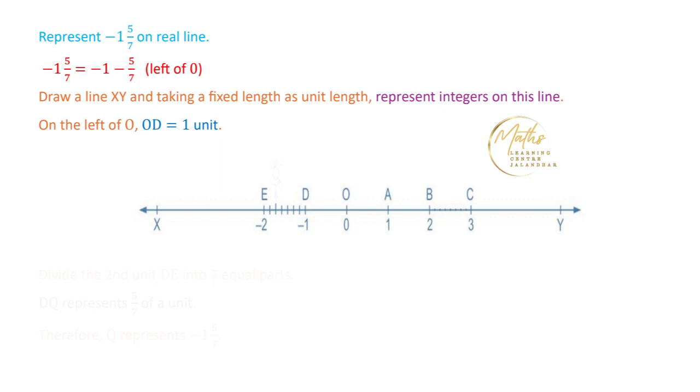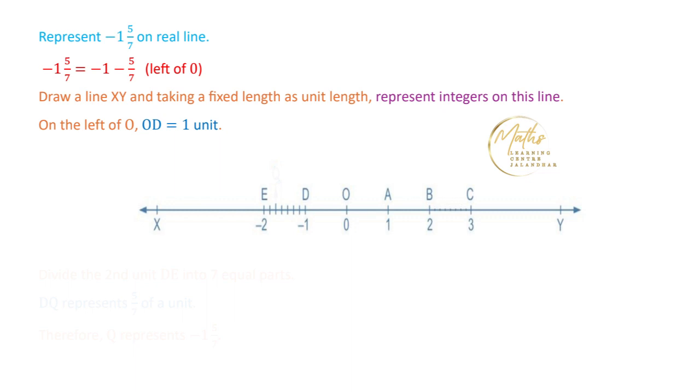When we have moved this first part, the length of this first part is 1 by 7 units. Then when we reach the next point, we have moved 2 by 7 units. At this point, we have moved 3 by 7 units, then 4 by 7 units, and this line represents the distance from minus 1 as 5 by 7 units.